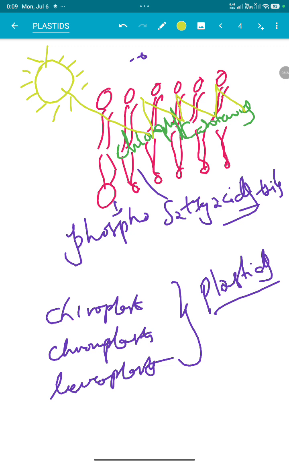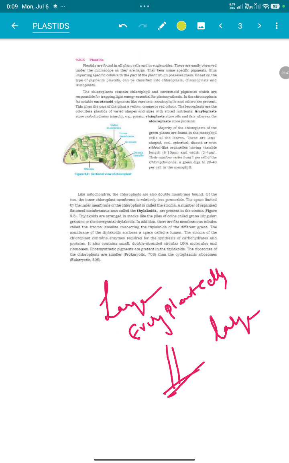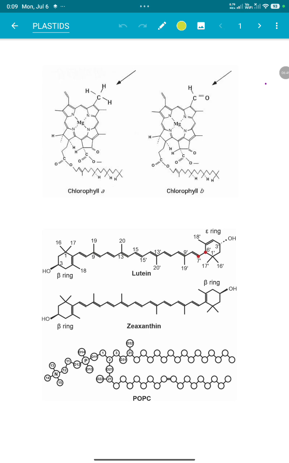Finally, using that H plus and the protein complex, ATP will be generated. This is the main usage of these chlorophyll pigments. Chlorophyll A will be like this, chlorophyll B will be like this, carotenoids will be like this.